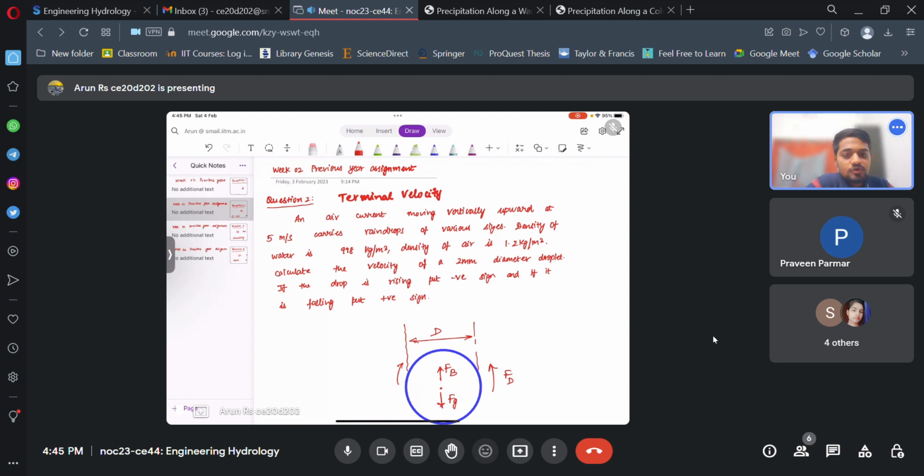So in the discussion forum, somebody has asked, vertical air velocity is given, but we don't know where to use it. So can anyone tell where and how we can use it?